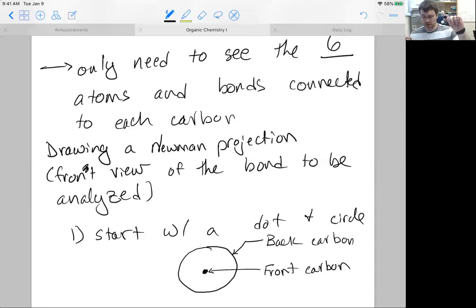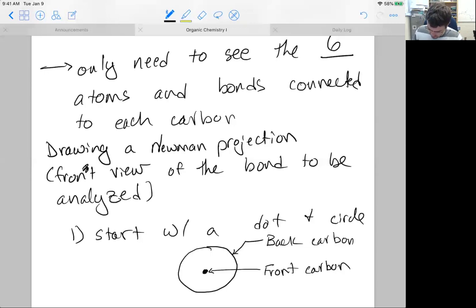So we have a front carbon and a back carbon. The back carbon we draw as this big circle, and the front carbon we draw as a little dot. But we assume that they're actually the same sized elements that are coincidentally overlapping each other due to the perspective that I have. Remember, I care about the 6 bonds and the 6 atoms, not the carbon-carbon bond, and not really the front and back carbon atom themselves.